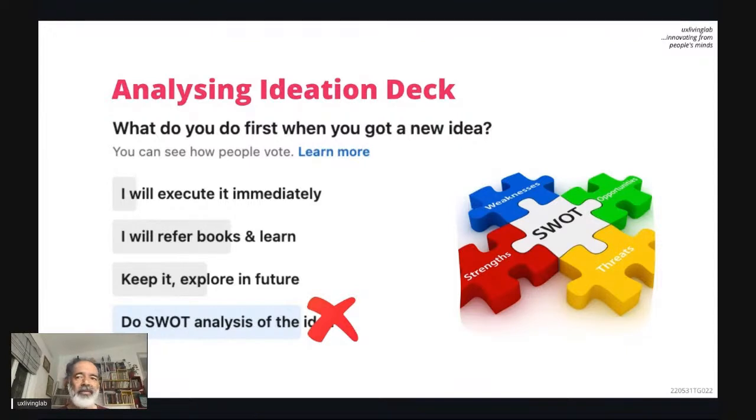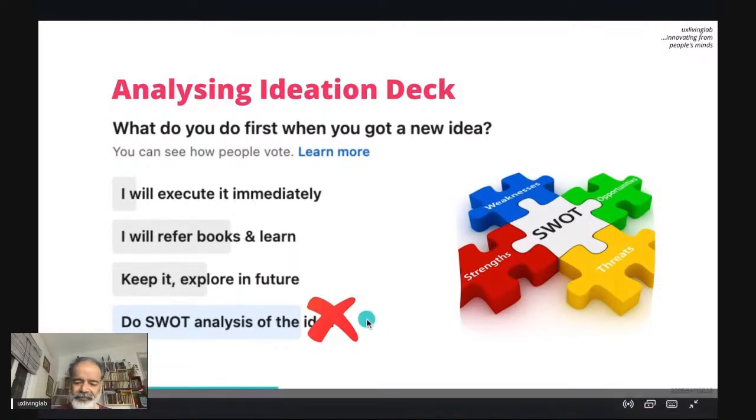That's the reason you classified it as an idea. So that's why I'm concluding in such a way. When an idea comes to your mind, you are not qualified or an expert to analyze it with SWOT analysis. That's why I'm not agreeing to that answer.